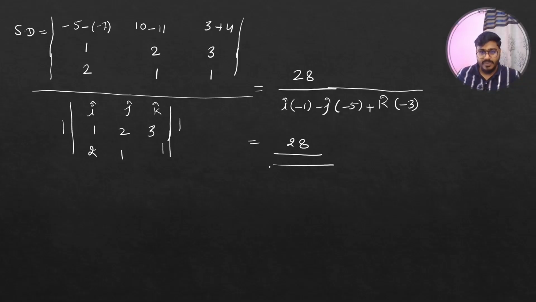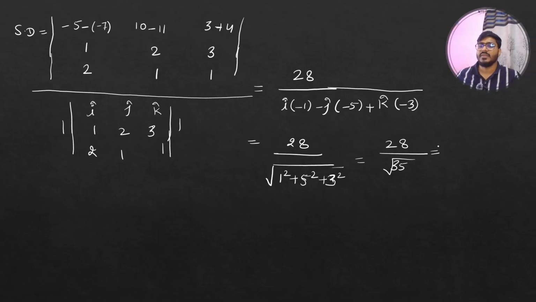What is the magnitude of this vector? This is 1 square plus 5 square plus 3 square. So this is 28 upon root of 1 plus 25 plus 9, that is root 35.